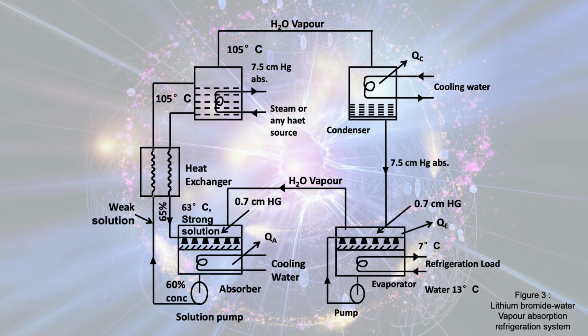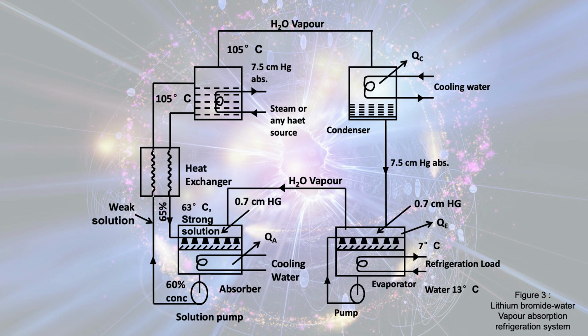After that, with the help of a pump, this rich solution is sent back to the generator, but before that it passes through the heat exchanger, where the hot fluid coming from the generator and entering the absorber is at a high temperature. Here there is a heat transfer from the hot fluid to the cold fluid going to the generator from the absorber. That's why it is advantageous both ways.